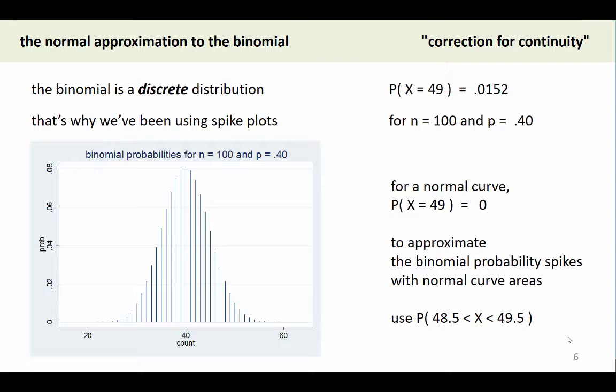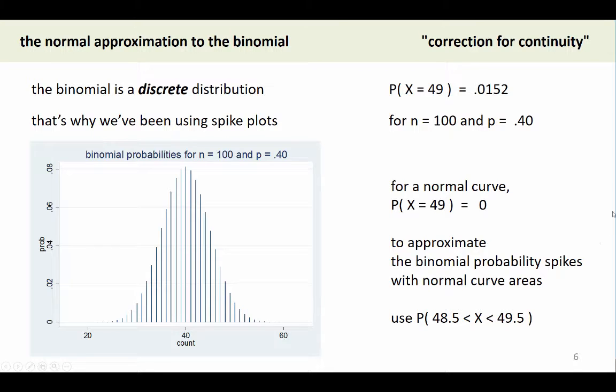To approximate the binomial probability x is equal to 49, we'll use the normal curve area between 48.5 and 49.5. And if you have to do the normal approximation to the binomial for counts, this kind of correction to bridge the gap between the continuity of the normal curve and the discrete binomial distribution gives us better answers.